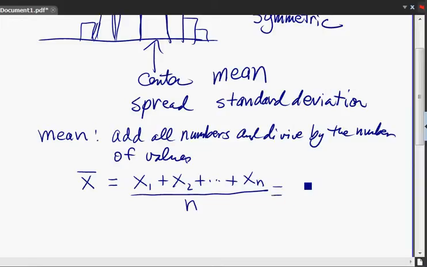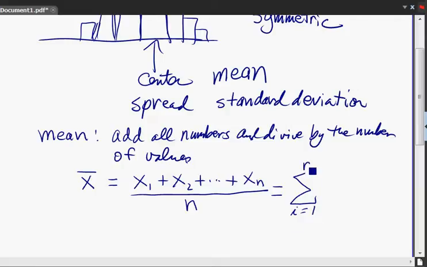There's another way of writing that formula, and do you know the symbol that you use when you're adding up a bunch of numbers? Sigma. So we use this sigma. And in statistics, we don't always use the little numbers on the top and bottom, but let's review what that means: for i equals 1, I start at 1, and I'm going to go all the way up to n.